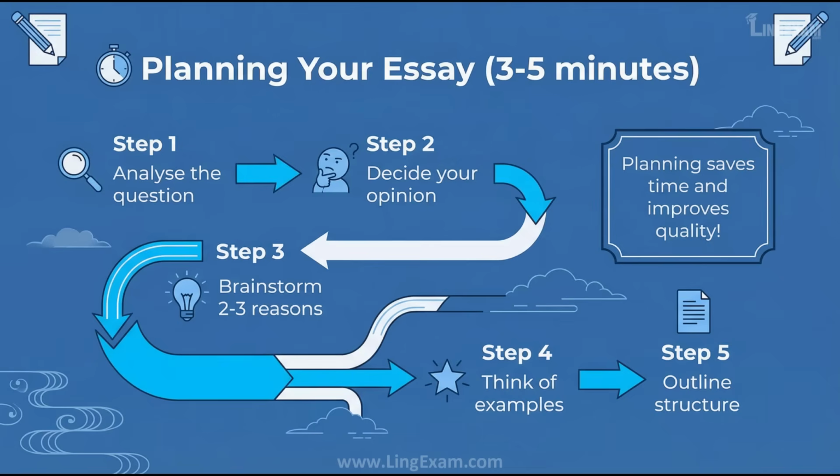Third, brainstorm reasons. Think of 2 or 3 strong reasons that support your opinion. Don't try to think of 10 reasons. Just focus on 2 or 3 that you can develop fully. Fourth, think of examples.